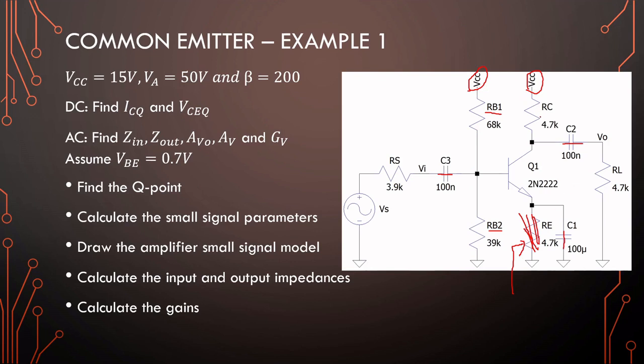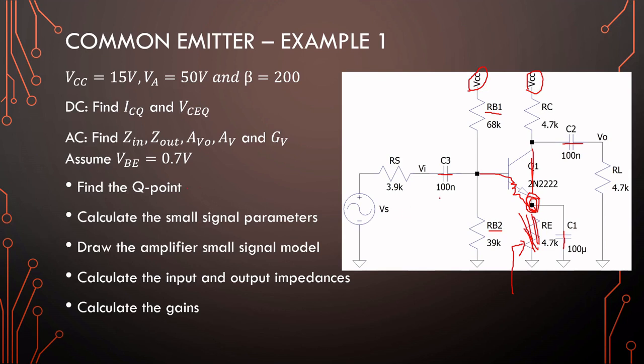And this will also make our collector resistor and our load resistor to be in parallel with one another. And then for the transistor, you can have R pi going in and then just a current source. And this terminal right here will be a ground point since all of this is shorted out.